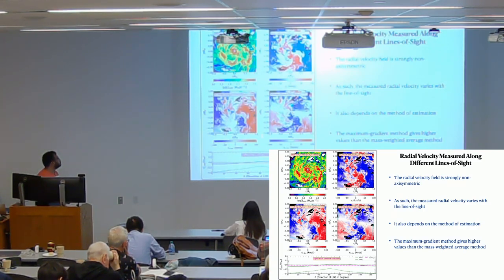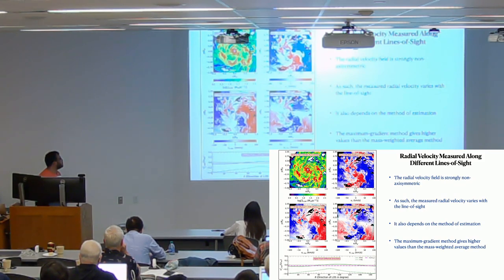What we do is along different lines of sight, so that is what theta is. Theta can vary from 0 to 180 degrees. In different directions, we take the projected field, so we have VR, and we take VR mod cos theta. We take VR mod cos theta because we want to preserve the sign of VR. We want to know whether it's an inflow or outflow, and that information gets lost if we do VR cos theta.